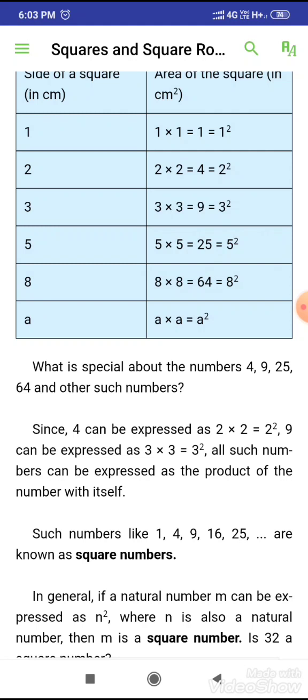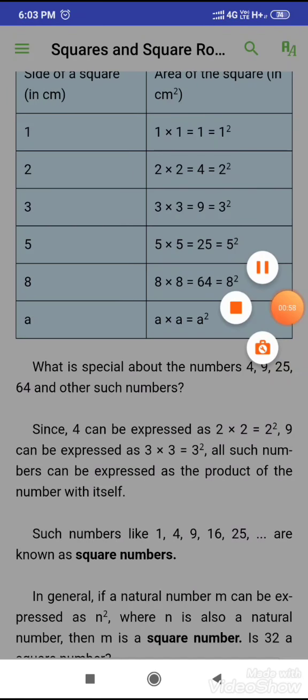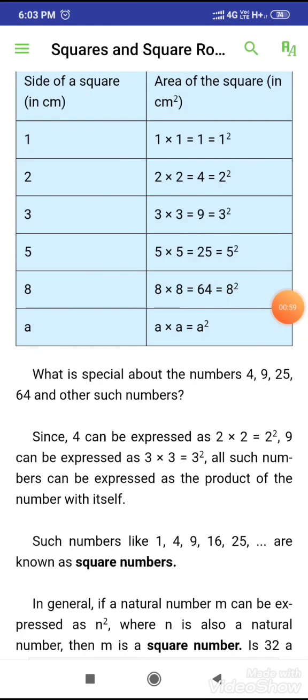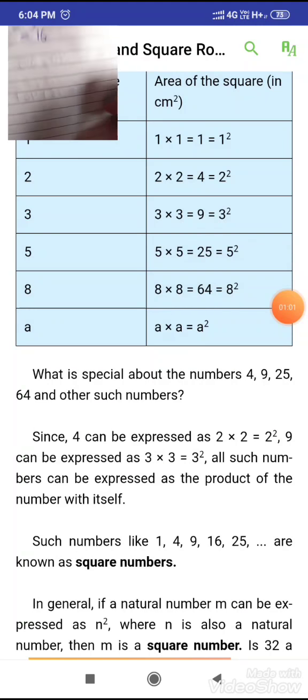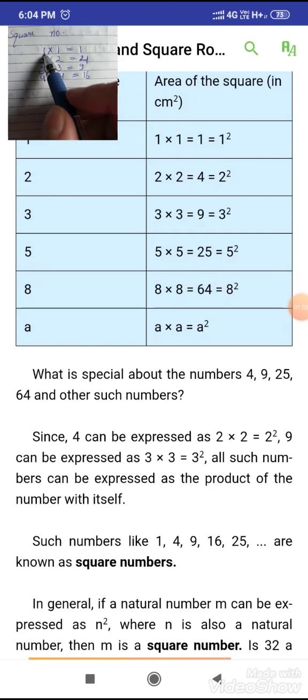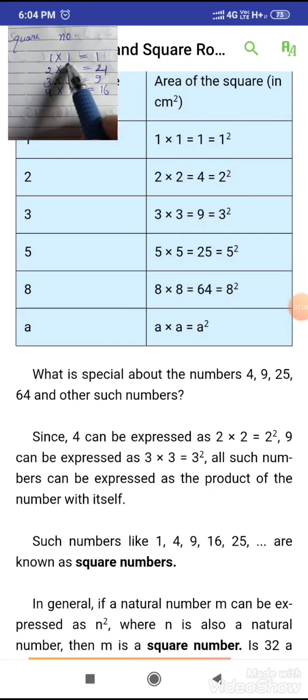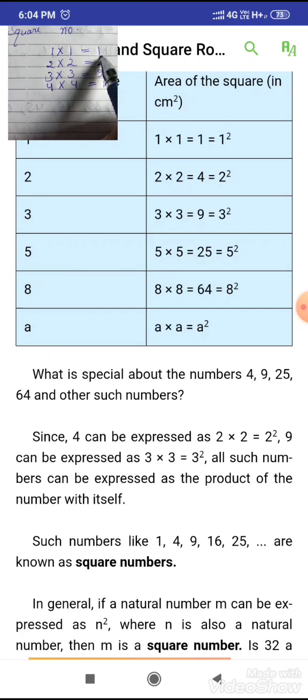For obtaining a square number, we multiply a natural number by the same number. When we multiply 1 by 1, we have 1 as the product.